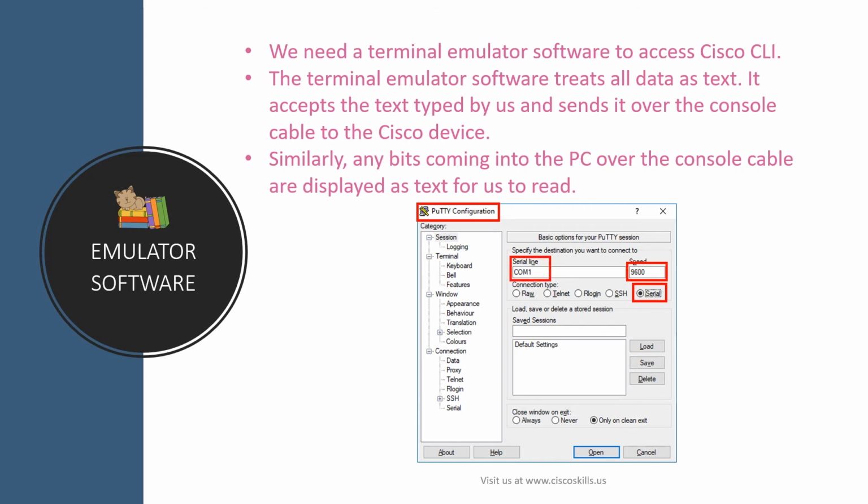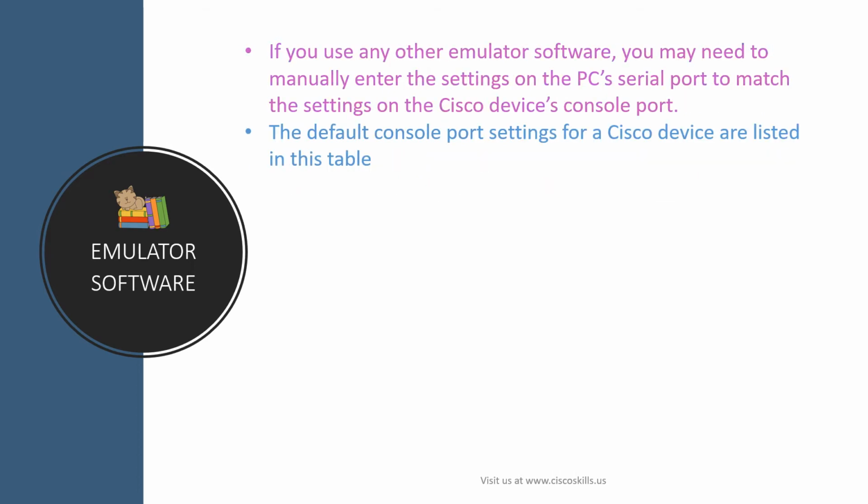After all the settings are correct, we need to click open and it will connect us to the Cisco CLI via the console cable. If you use any other emulator software, you may need to manually enter the settings on the PC serial port to match the settings on the Cisco device's console port. The default console port settings for a Cisco device are listed in this table.